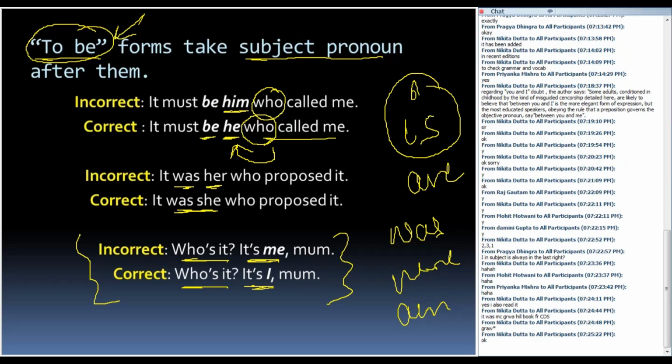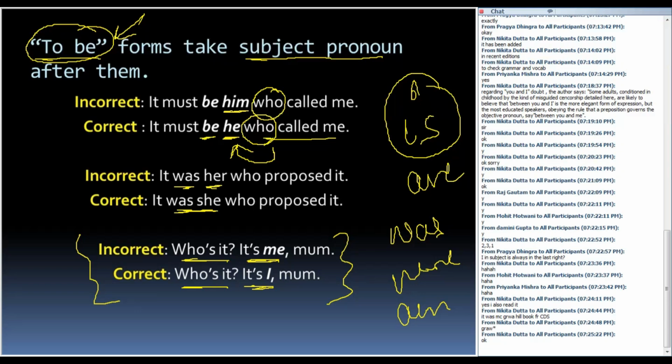So remember these rules about cases. Generally, what did we discuss? Let us recapitulate. We discussed that generally before a verb, use a subjective pronoun. After the verb, use an objective pronoun. When you are making comparisons with the subjective noun, use a subjective pronoun. After a preposition, use the objective case of the pronoun.